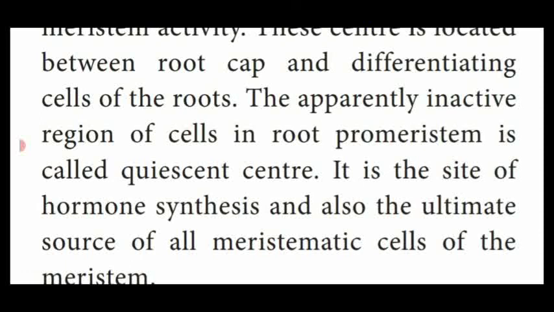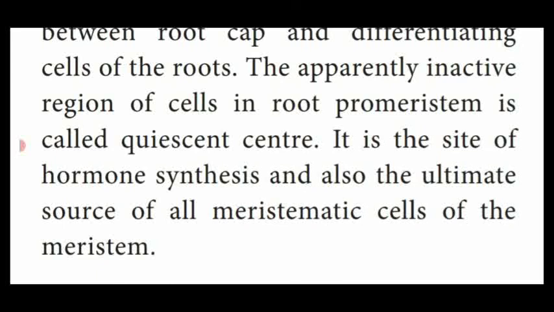That means the region of the apical meristem of a root which has an inactive center is called a quiescent center. In this center different hormones are synthesized, and it is also the ultimate source of all meristematic cells of the meristem. So in this quiescent center zone, hormones are synthesized and all the meristematic cells are also produced. That theory is known as the quiescent center concept by Clowes.